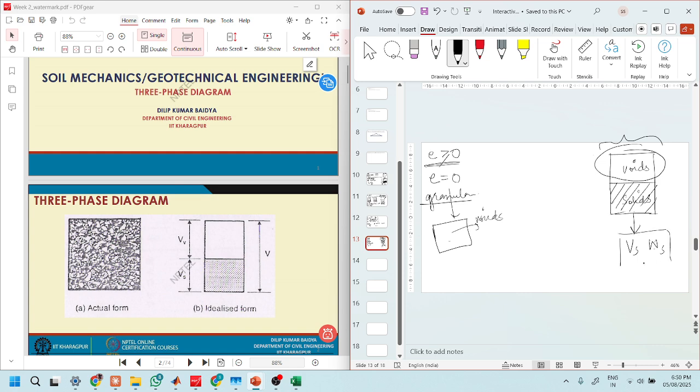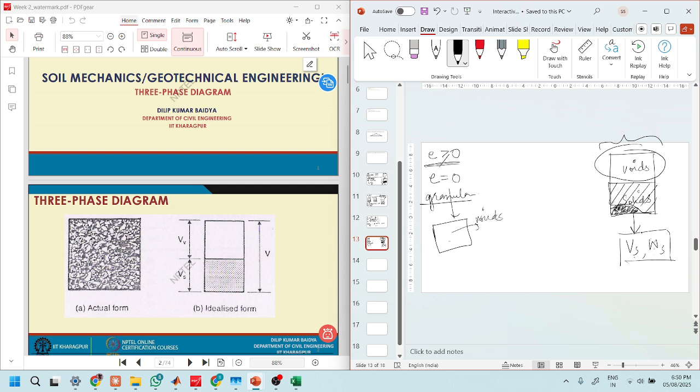Technically, there can be some soils, for example an organic soil, where slowly the solid particles may be converted into liquid or gases, and then we will have a lower weight and a lower volume of solids.